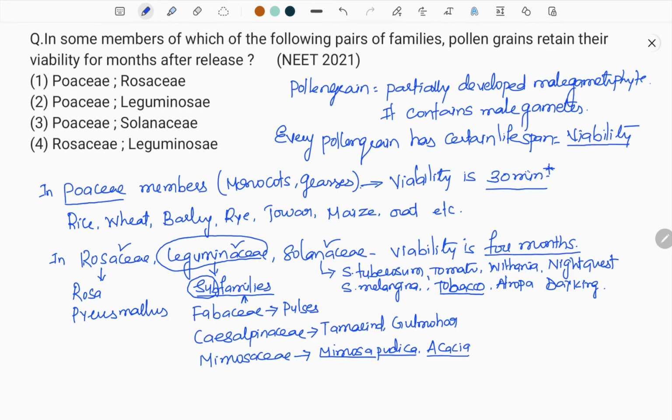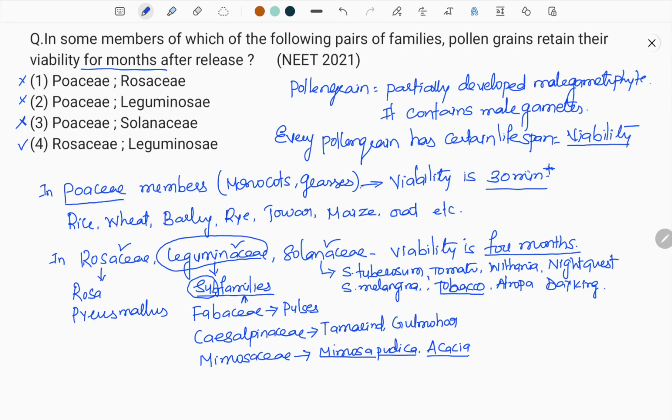Now let's see the question here. In which of the following families is the pollen viability for months? In the first one, Poaceae is given, so it's not the right one. Second one, Poaceae given, it's wrong here also. Third one, Poaceae given, it's also wrong. So definitely the fourth one is correct, because in the first three, Poaceae is given.